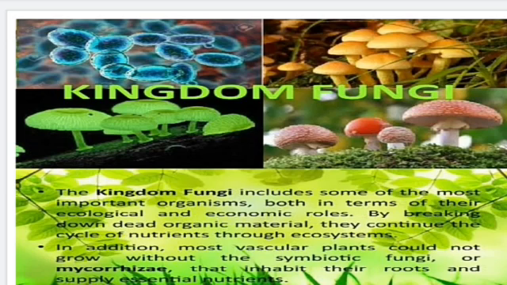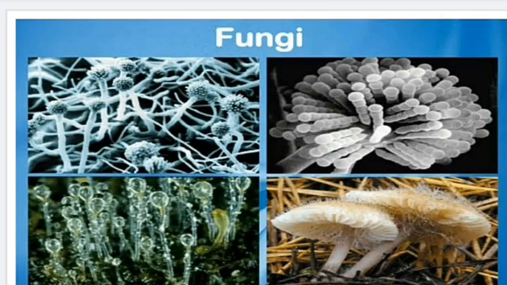In addition, most vascular plants could not grow without the symbiotic fungi or mycorrhizae that inhabit their roots and supply essential nutrients. Kingdom Fungi is also classified into four groups: Phycomycetes, Ascomycetes, Basidiomycetes, and Deuteromycetes.